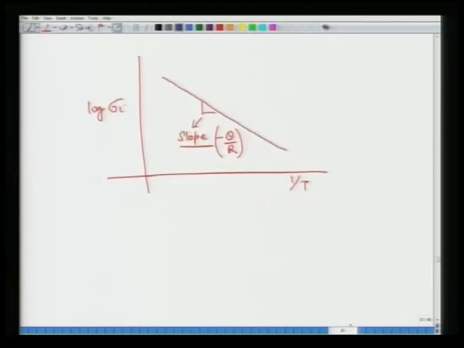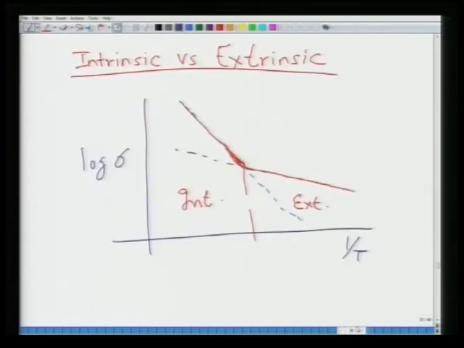So you can see that resistivity or conductivity has a similar relation to temperature as diffusivity has, simply because it is proportional to diffusivity. And similarly, just like diffusivity, it also has extrinsic and intrinsic regions. In impure solids, there will be an extrinsic region where conductivity is governed by the concentration of impurities, and an intrinsic region where conductivity is governed by intrinsic defects.